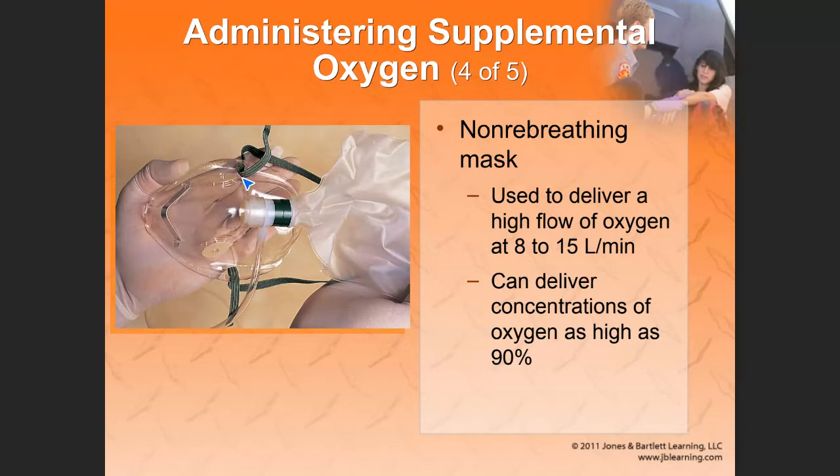When the patient inhales, it closes off, so the outside air cannot mix with the oxygen. It's pure oxygen, so yes, it is indeed a non-rebreather. With this device, the patient can get close to 90% oxygen concentration, which is more than enough for a patient that is having trouble breathing.